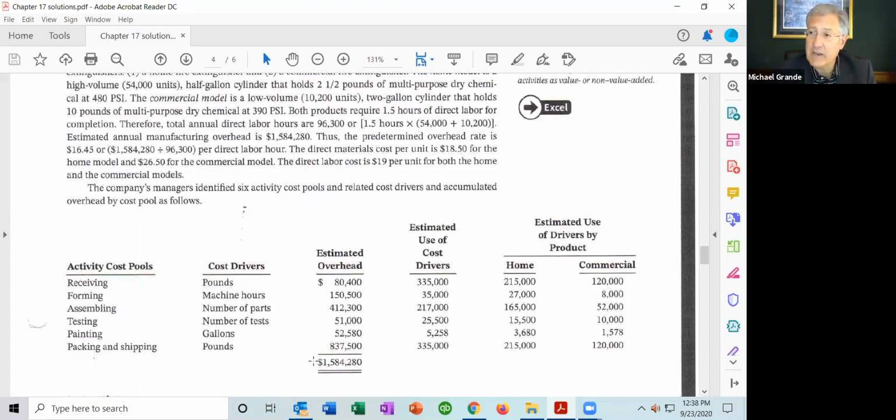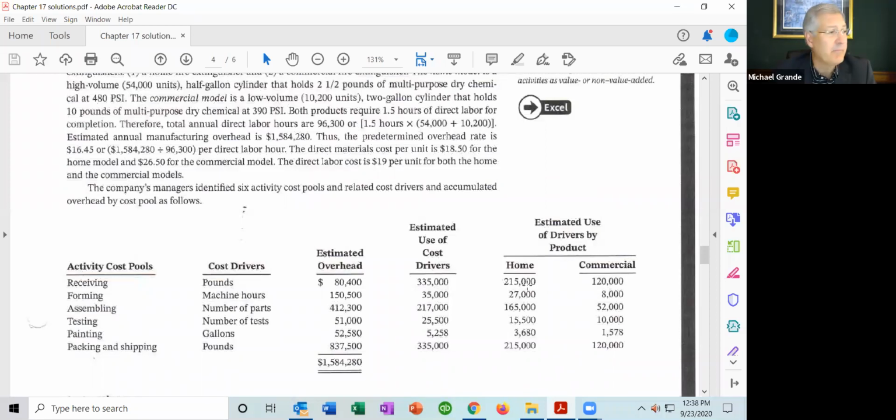Here's the total right here, $1,584,000. It's just broken down into multiple cost pools. So here is the estimated use of cost drivers. That's the total estimated, and here's the breakdown between the two products. And again, the breakdown between the two products has to add up to the total.